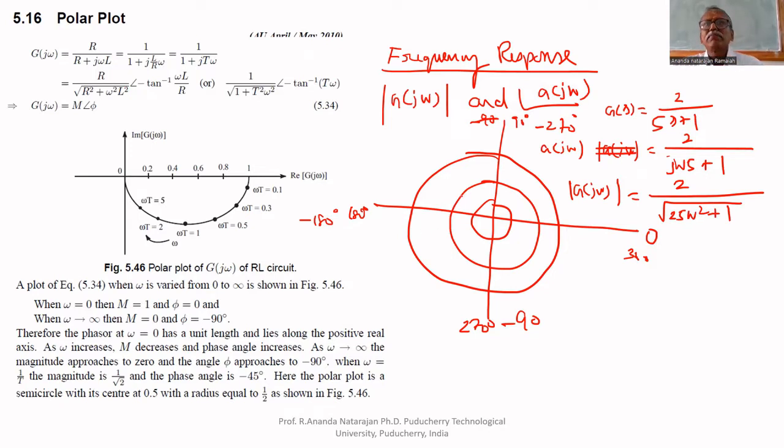The angle of G of j omega is tan inverse of, here angle of 2 is 0, and angle only for this denominator. That's why tan inverse of imaginary part divided by real part, that is 5 omega. Because of denominator, minus tan inverse of 5 omega.